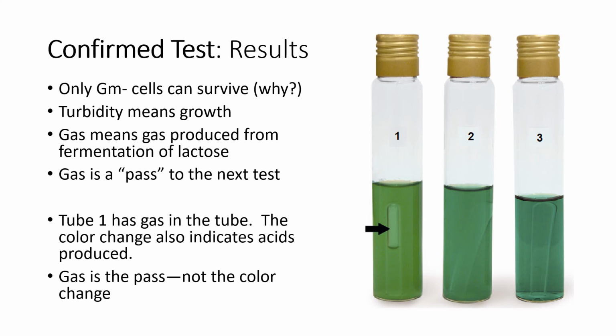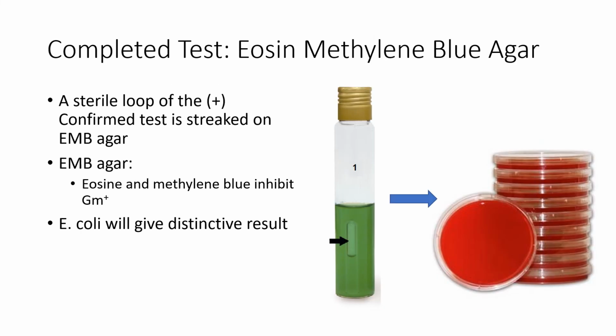We go forward with this tube, and so what would happen is that this person that has the gas in their tube would be having to loan their tube to a bunch of people because most people are going to fail. All right, so we would go forward with the tube with the gas. And now we would take 1 sterile loop full of that positive gas, okay, so positive confirmed test, positive brilliant green lactose bile broth, the positive is the gas.